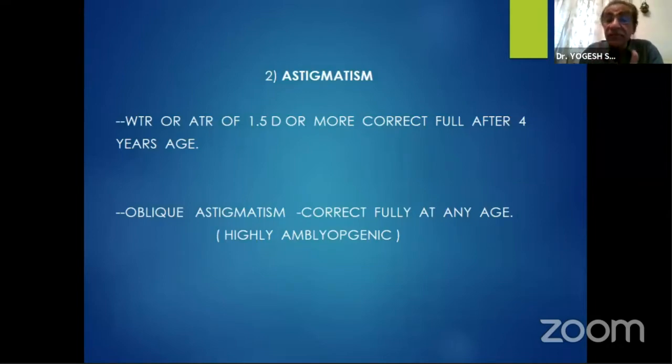Oblique astigmatism, correct fully at any age, because meridional or oblique astigmatism or biooblique astigmatism at any age, even if you detect it at 3 years of age, because the child usually comes with that, or if a child comes before that because of strabismus, okay, because that is the only way the parents would bring the child to a doctor, otherwise they would not know, or there would be watering. Ocular asthenopia develops only after 3 or 4 years when the child starts working for near. So oblique astigmatism, correct fully at any age.